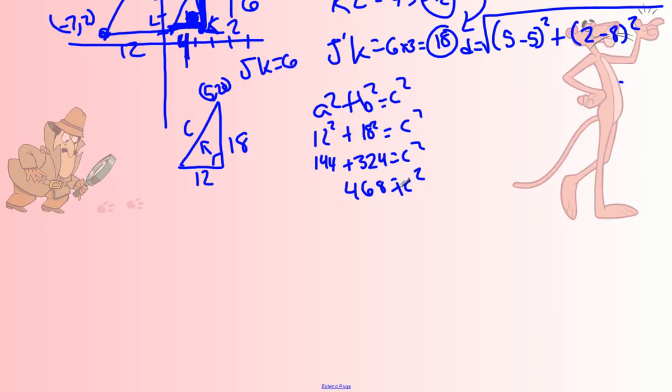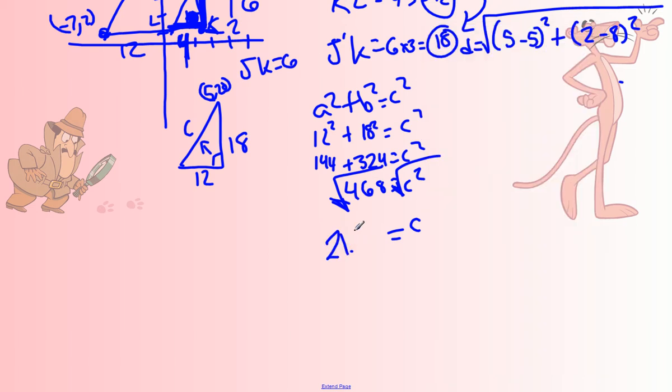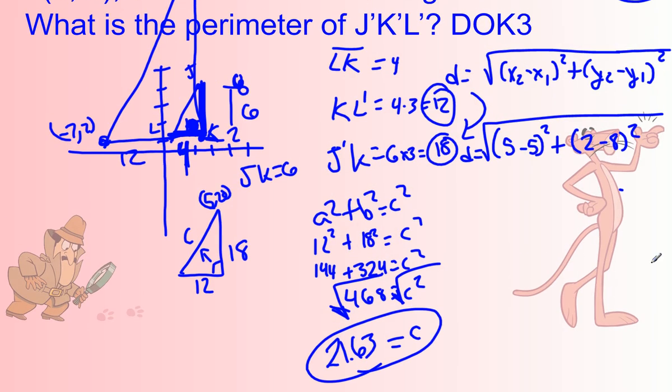Last thing we've got to do is square root each side. And that gives us the c value of 21.633338. 21.63. That is the length of letter C.